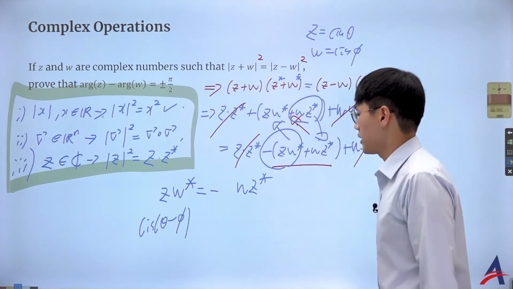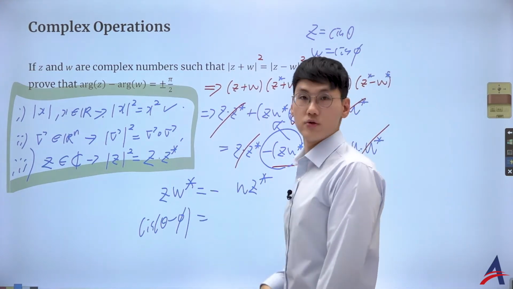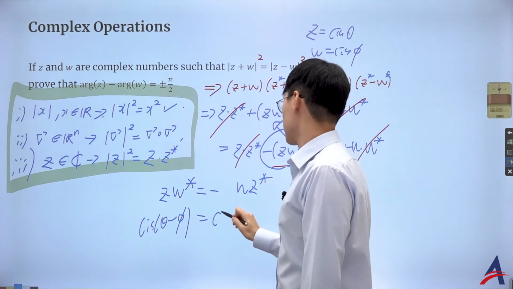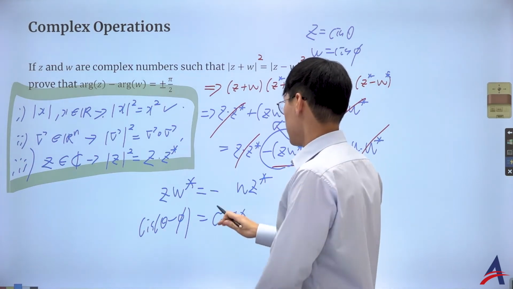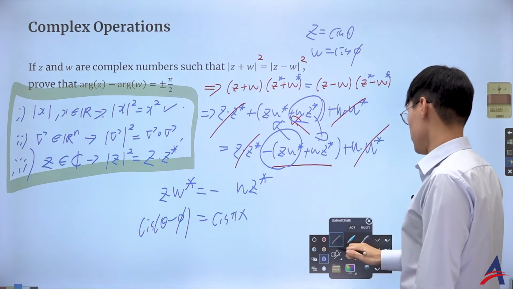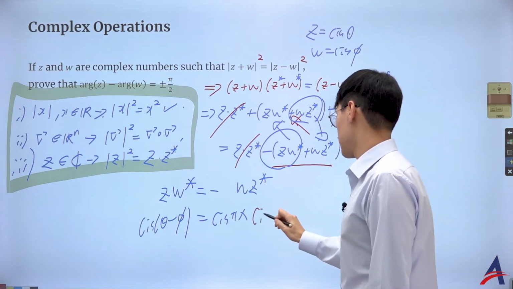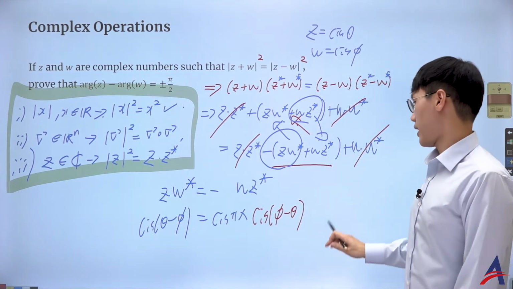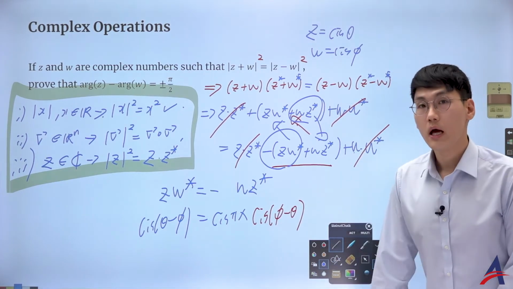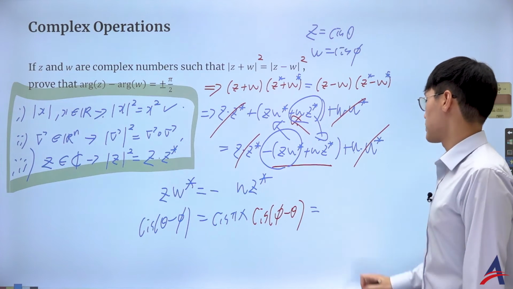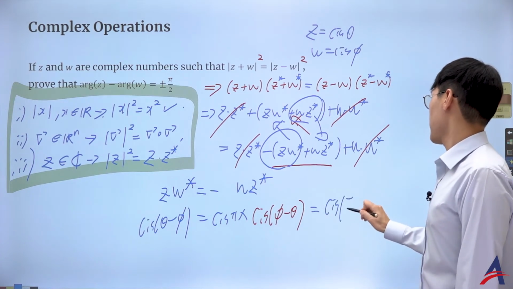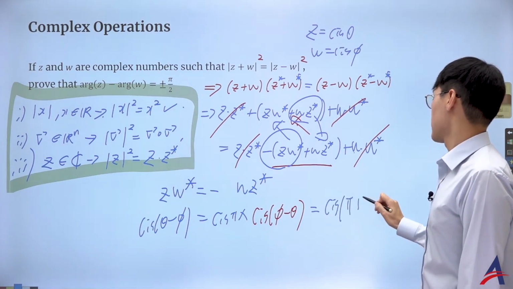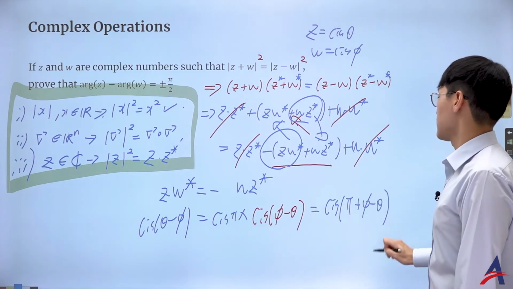On the right-hand side, where -1 is represented by cis pi, times the conjugate version, which is cis of phi minus theta. On the right-hand side, you can simplify further by adding the arguments, so it's cis of pi plus phi minus theta.